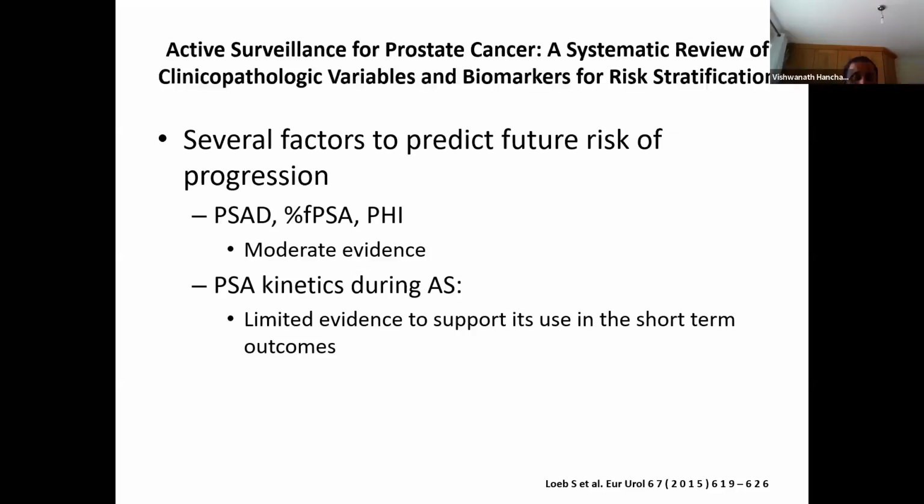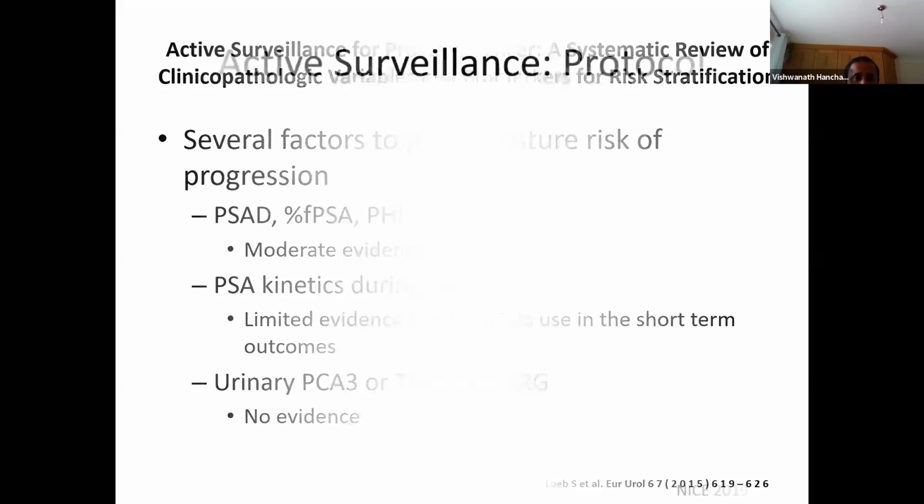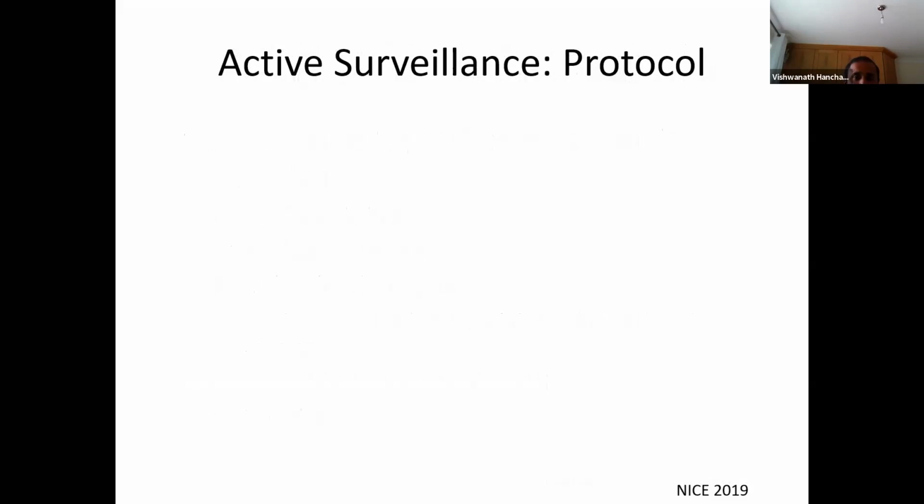PSA kinetics, which we routinely use during the active surveillance protocol, have limited evidence in terms of putting patients into active surveillance cohorts, and urinary PCA3 and other markers have no evidence in this criteria fitting.